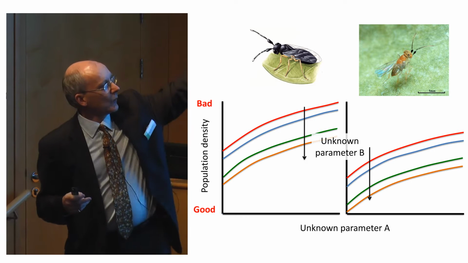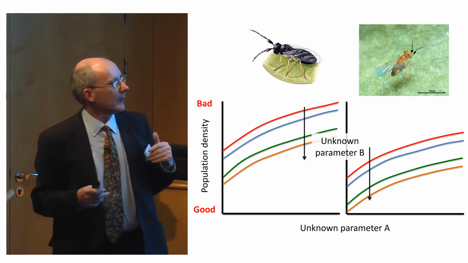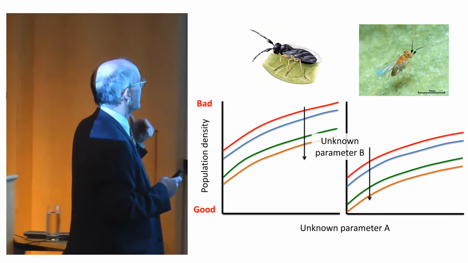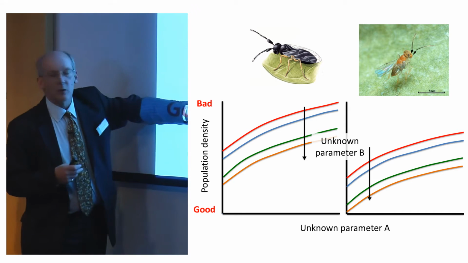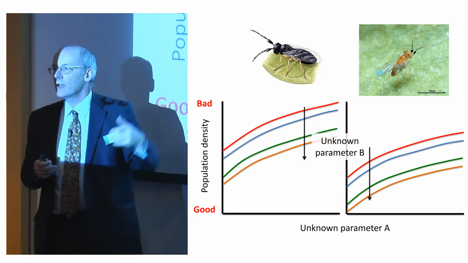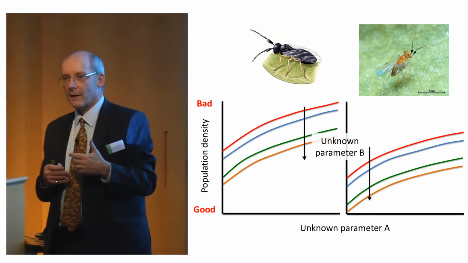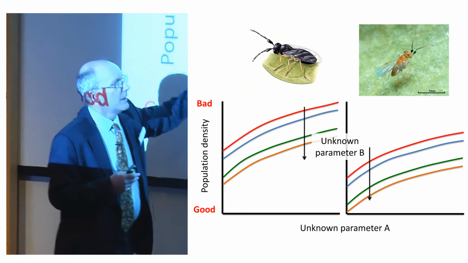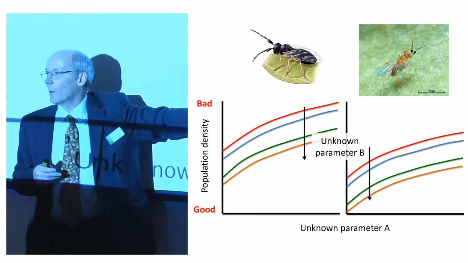One is the x-axis, one is the lines going from red, blue, green, brown. And this is population density, so you want to knock the population down. And you can see that there are some combinations of the unknown parameters that would make this one better, but for the vast, vast majority, this one was better.